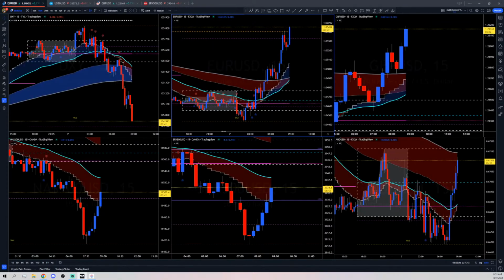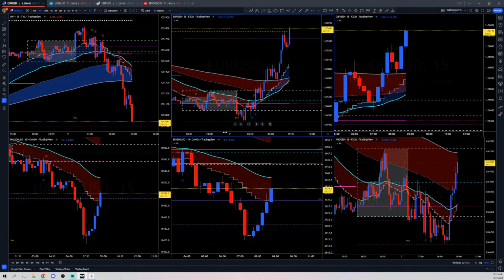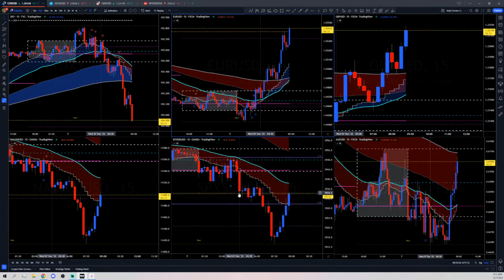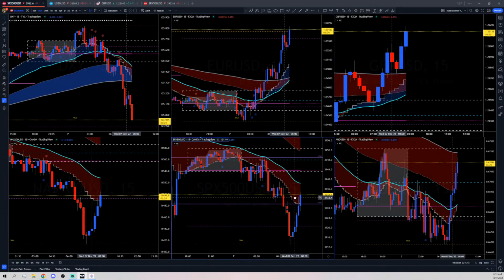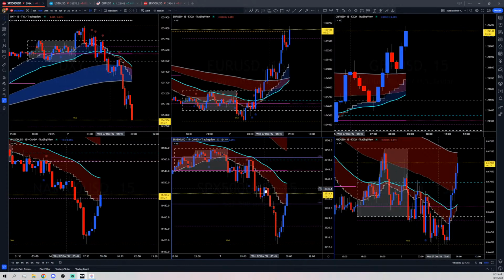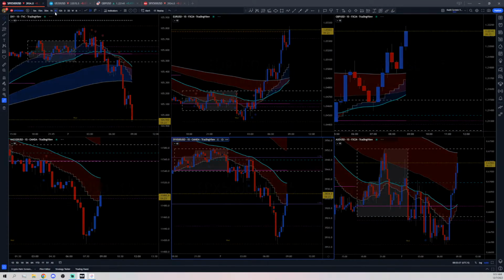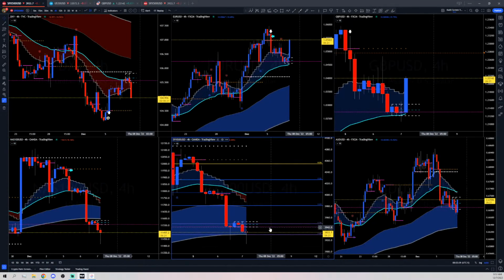Put on the 20 EMA to see where price is. And price just now came back into its trend of entry. So once again, I like to trade with the forward candle.